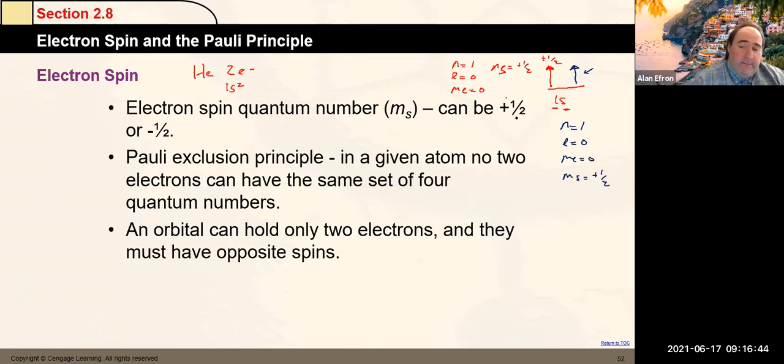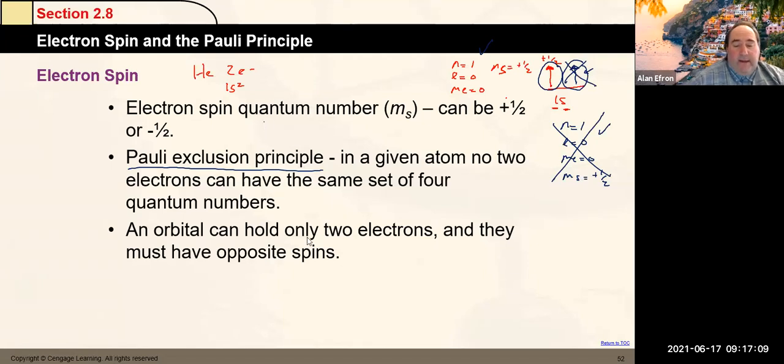Again, also pointing upwards. The problem with this is this electron here and this electron here now have the exact same 4 quantum numbers, which is a violation of Pauli's exclusion rule.